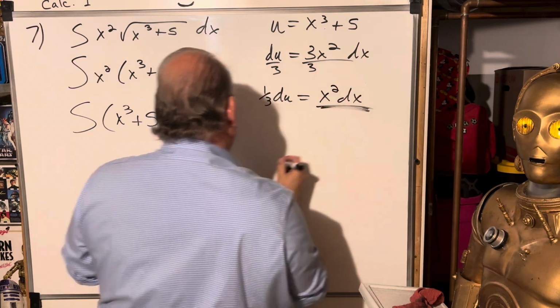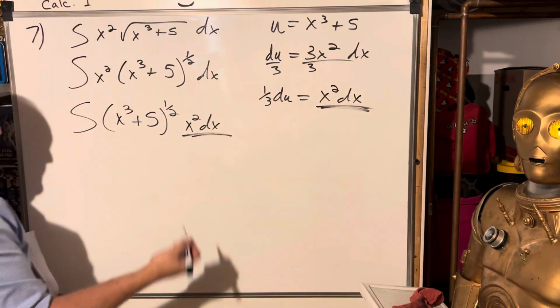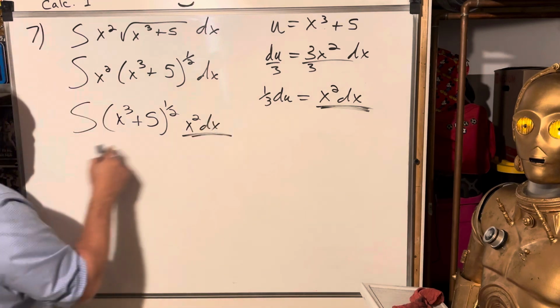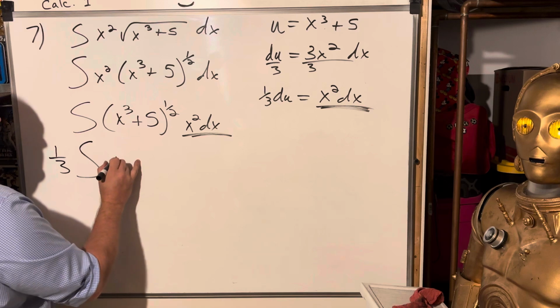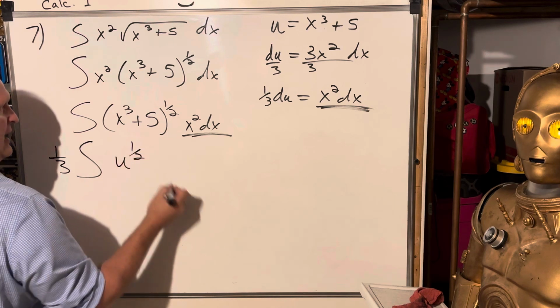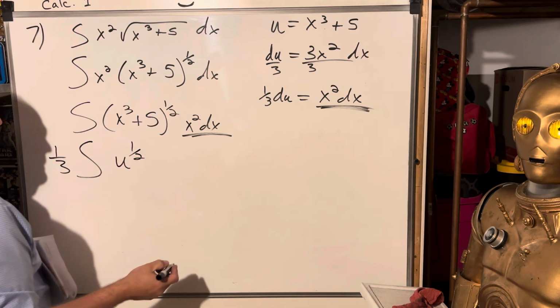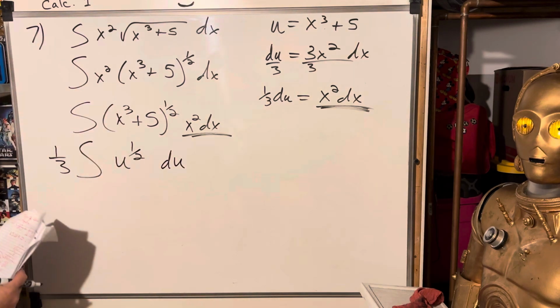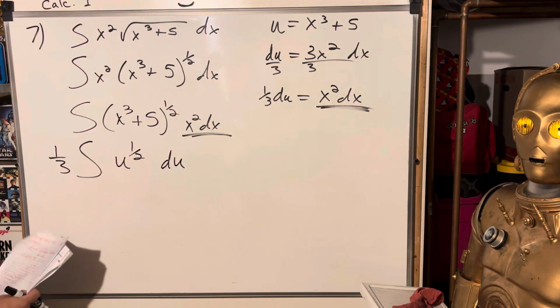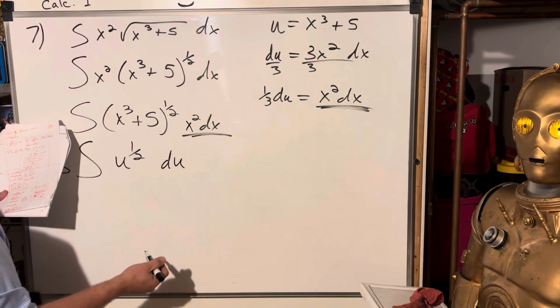And now I can substitute that in. And so that 1/3, I'm going to pull that all the way out front. And I got u to the half. And I got du. And now I do the integral.